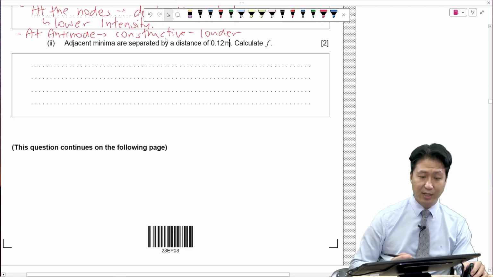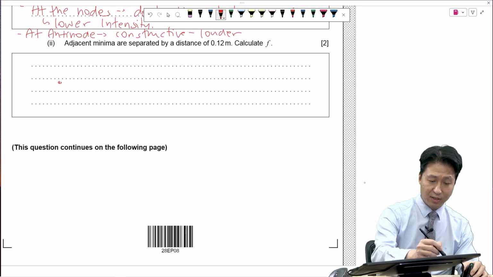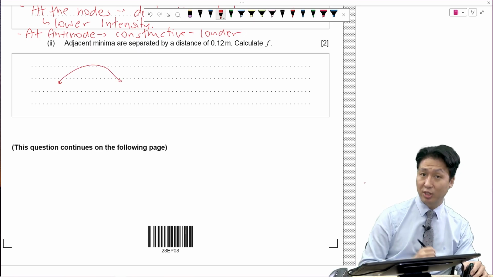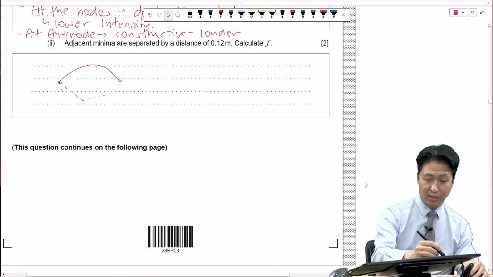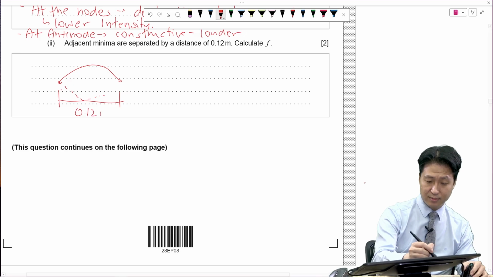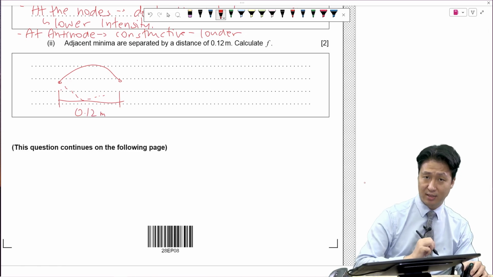In part 2, adjacent minima are separated by a distance of 0.12 meters. It asks us to calculate the frequency. So you have a node, a node, this would be where the minima occur, and they're separated by 0.12 meters, which means the wavelength is twice this size.